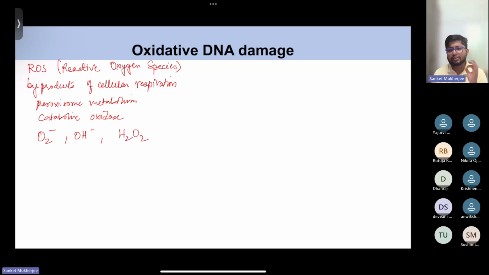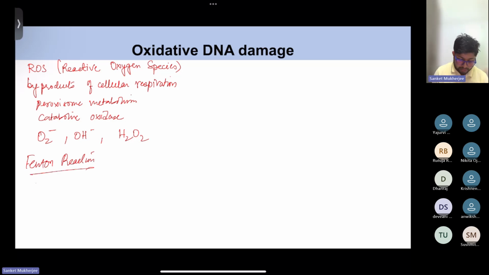And there are various other pathways to neutralize the action of these reactive oxygen species. So the hydroxyl radical is produced during the Fenton reaction. Let's talk about it.